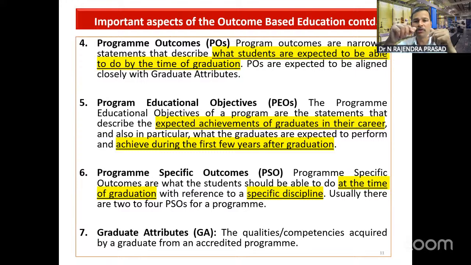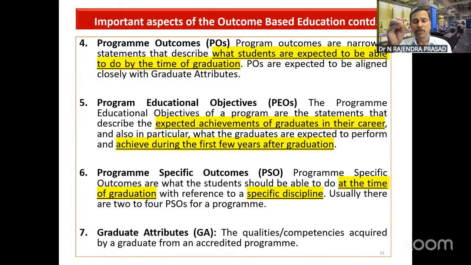This is the program educational objective. So the expected achievements of the graduates in their career, and in particular, what the graduates are expected to perform and achieve during the first few years after graduation, this should be taken care of very importantly, because this is related to the vision and mission statement of the higher education institution.